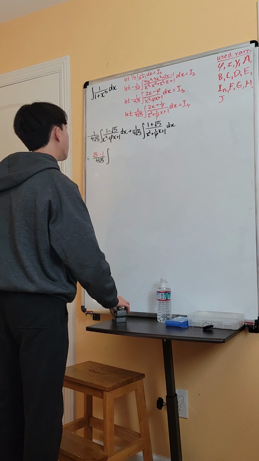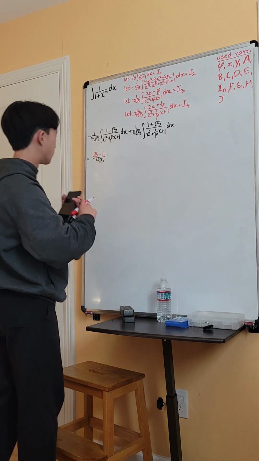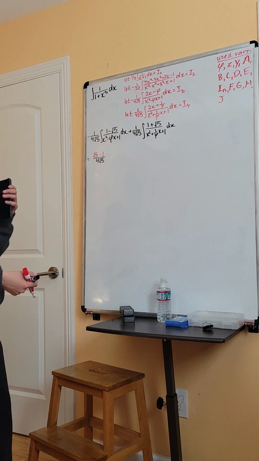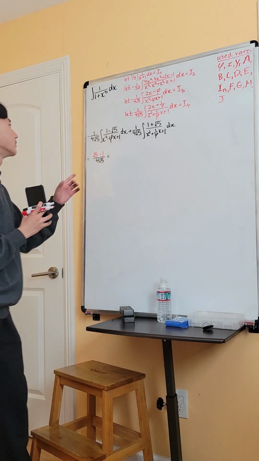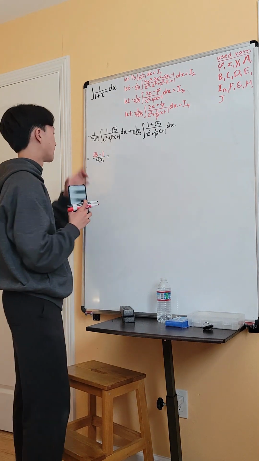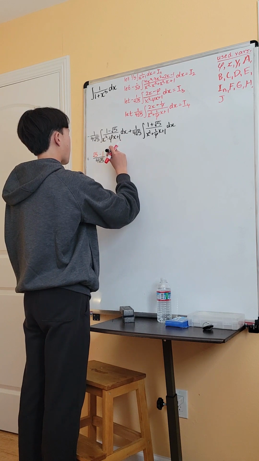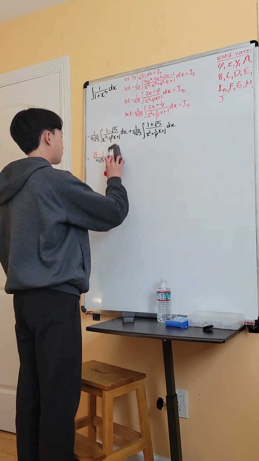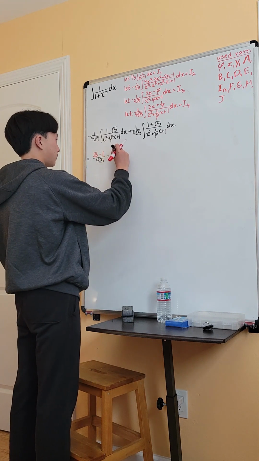Okay, in fact, what we can do here is, let's just take a look at this guy first, right? So we can actually write this in terms of something simpler. Okay, let's go back to what we originally had. Let's rewrite this real quickly.